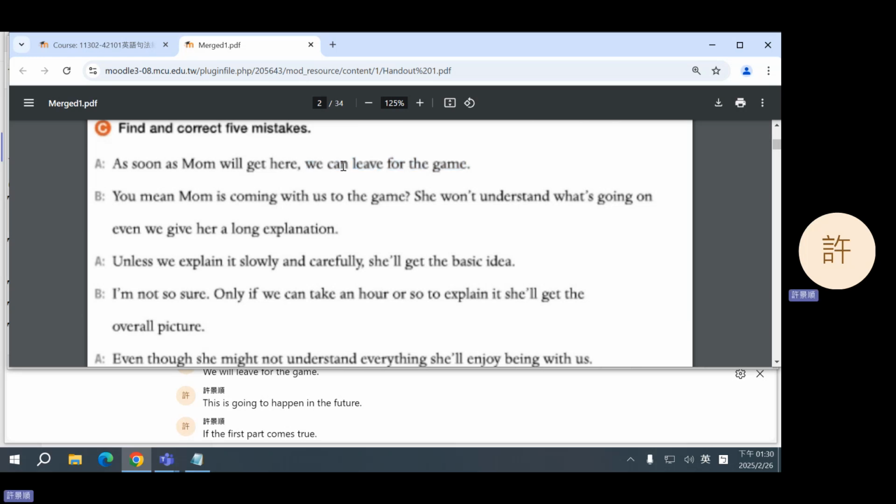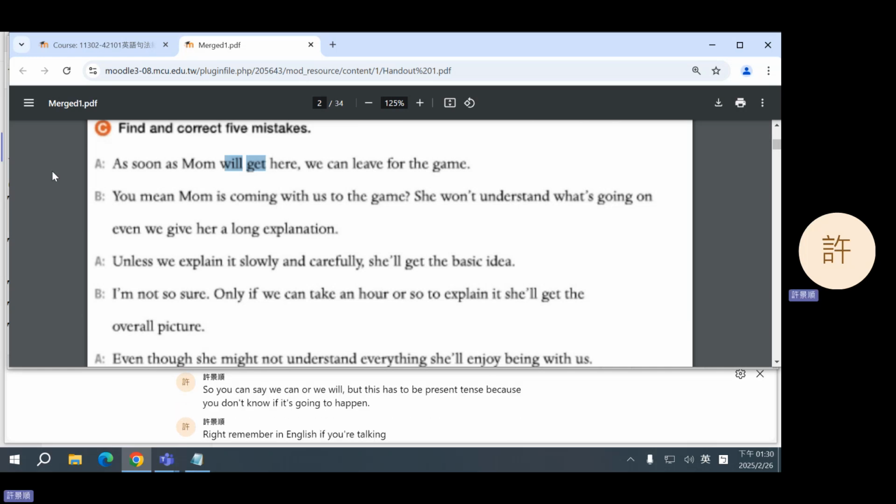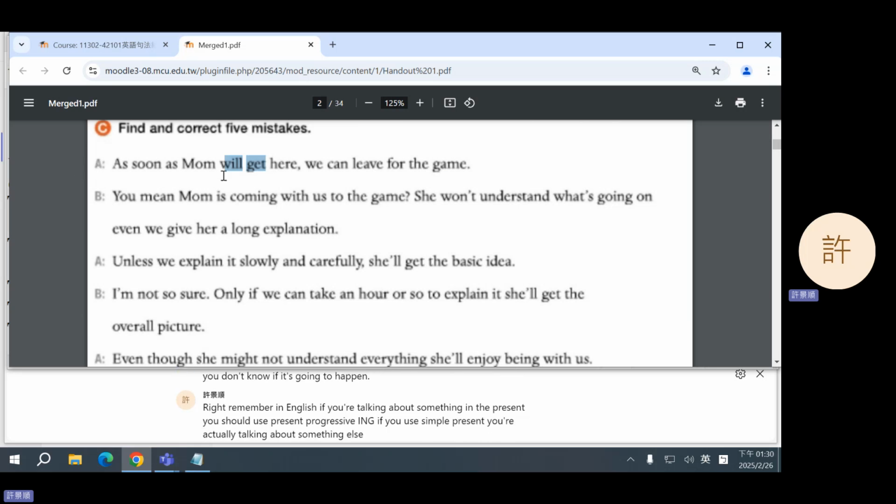So you can say we can or we will, but this has to be present tense because you don't know if it's going to happen. Remember, in English, if you're talking about something in the present, you should use present progressive, ing. If you use simple present, you're actually talking about something else. In this case, using simple present is talking about a possible situation.